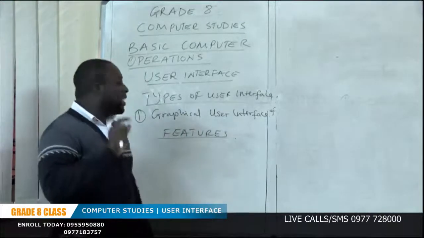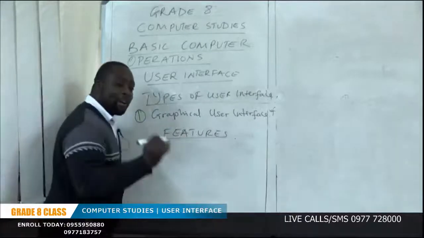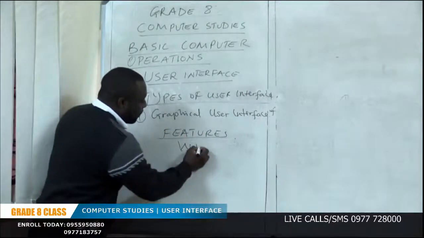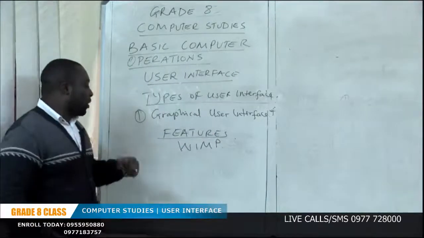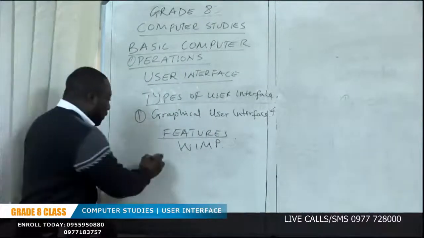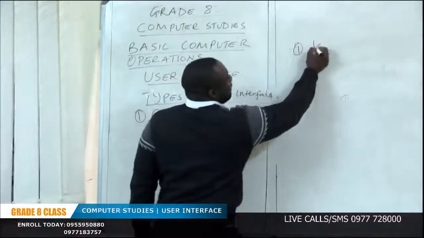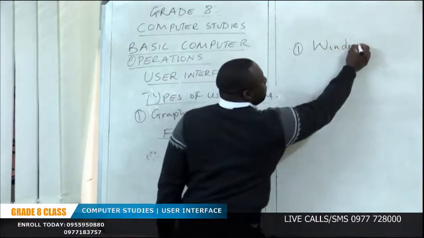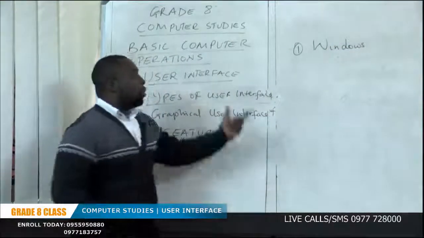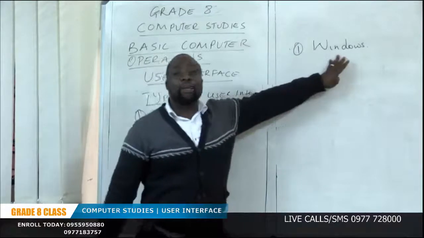So the acronym is WIMP. W stands for Windows. So a graphical user interface has windows.